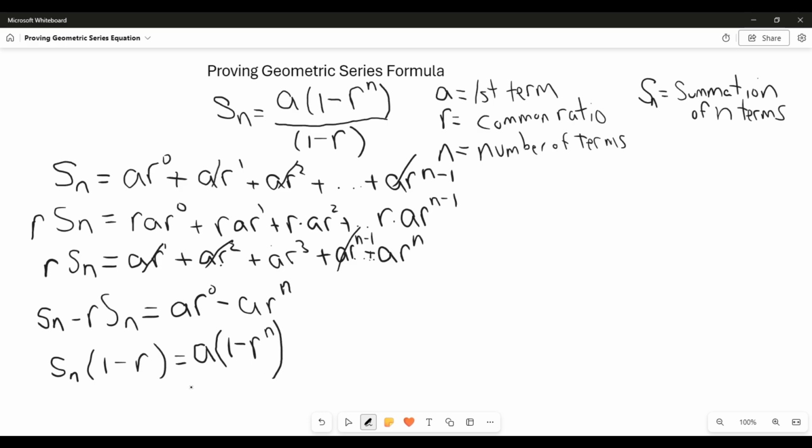I'm almost done. All I have to do is divide by 1 minus r, and I have the formula. That's it. And I just proved this formula.